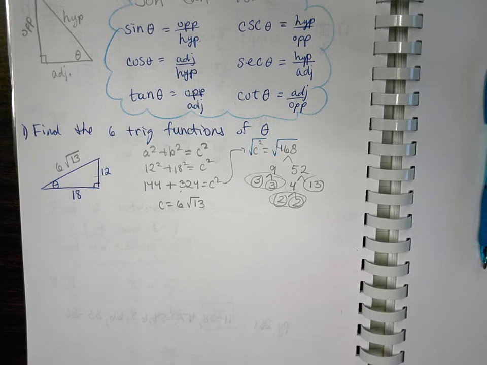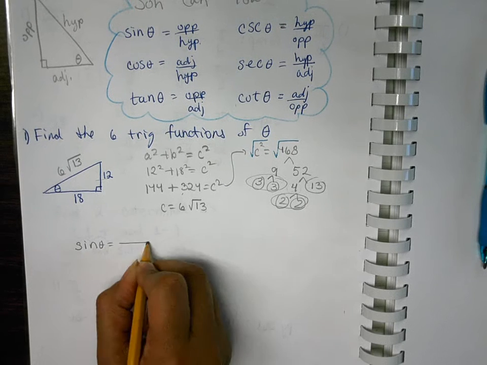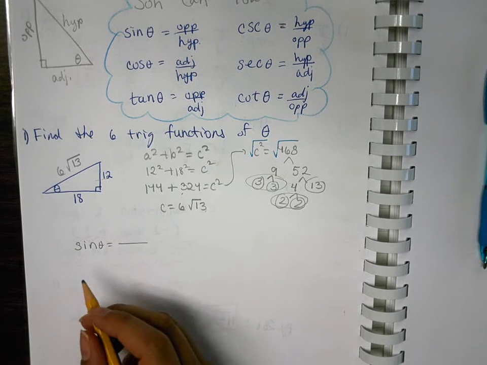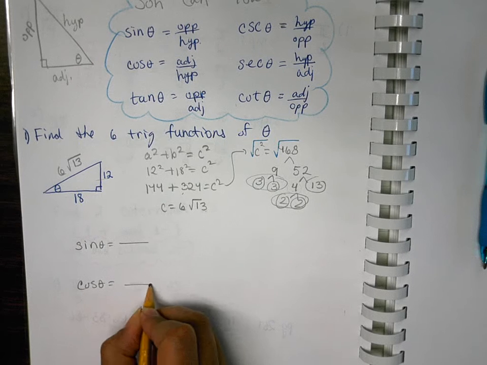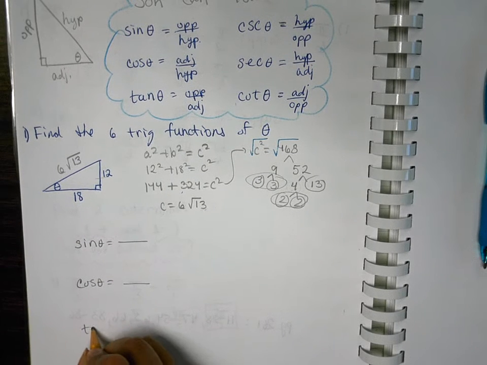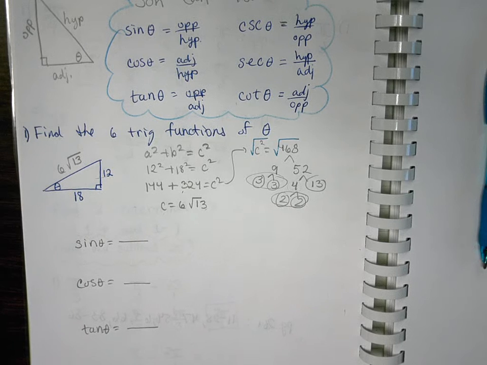Yes? All right. So what you're going to do is you're going to find sine of theta as a fraction and reduce, cosine of theta as a fraction and reduce, and then tan of theta as a fraction and reduce. I'd like to start you off, sine of theta.